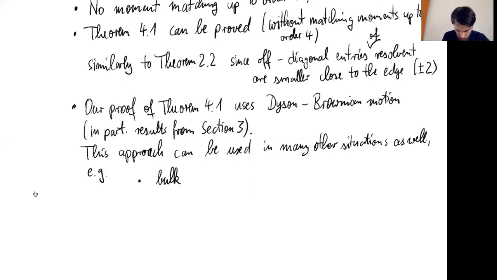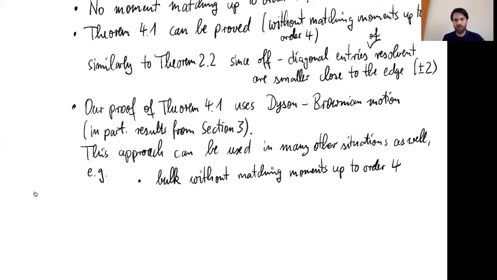One can of course do the bulk without matching moments up to order 4. So in the bulk you cannot improve this moment matching condition. If you just use this Green function comparison approach that we used at the beginning of the lecture, you cannot do better than this 4 moment matching because there you don't have this improvement that the off-diagonal terms are smaller.